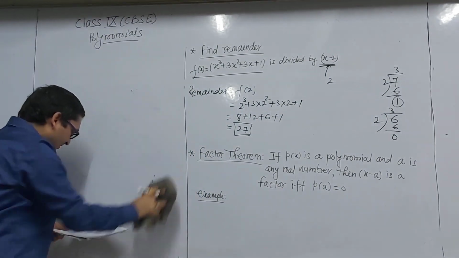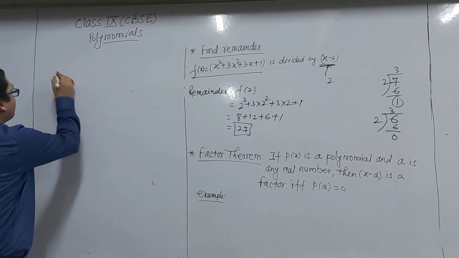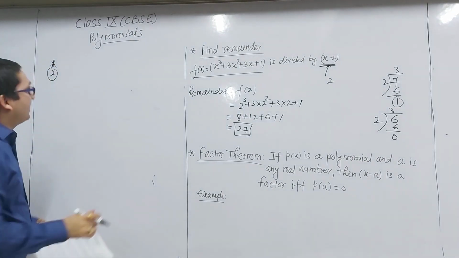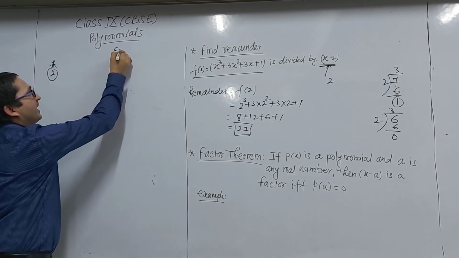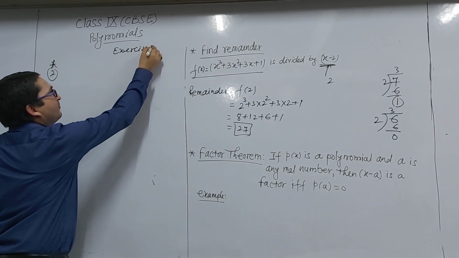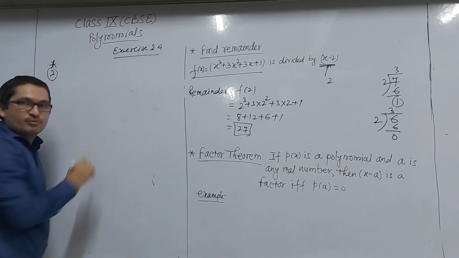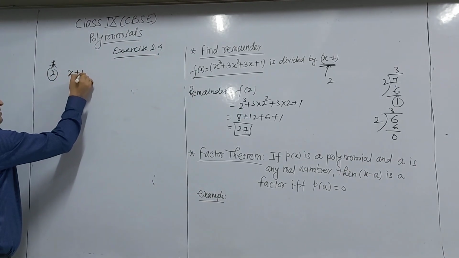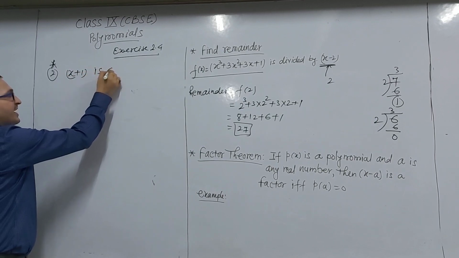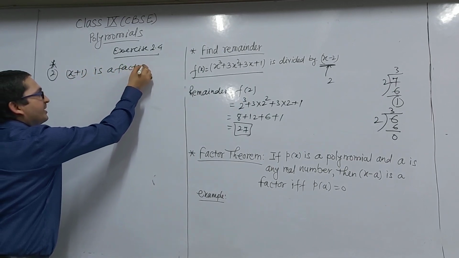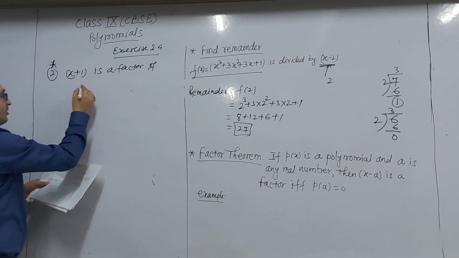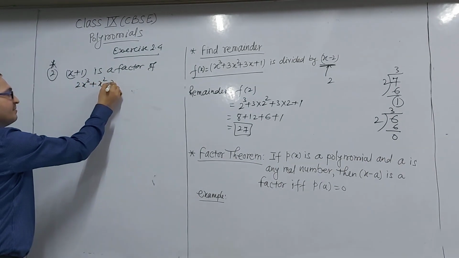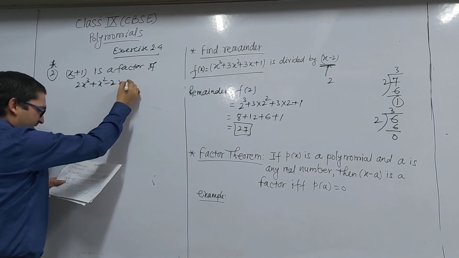Question number 1, I think this is Exercise 2.4, NCERT textbook. Check whether x plus 1 is a factor of 2x cube plus x square minus 2x minus 1.